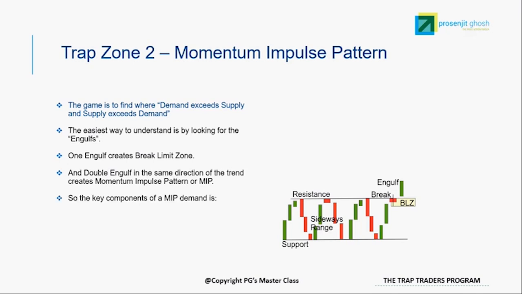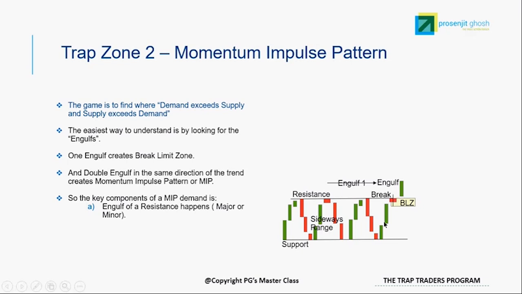So how does it happen? The key component of a MIP demand is an engulf of a resistance. The resistance can be a major resistance or a minor resistance. So this is my first engulf, because price has already engulfed this resistance, right?